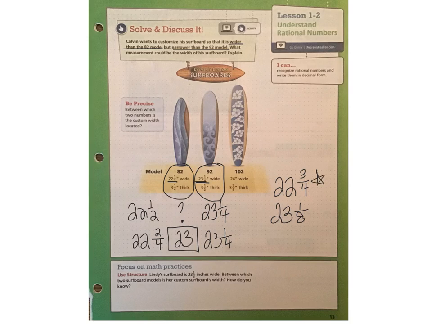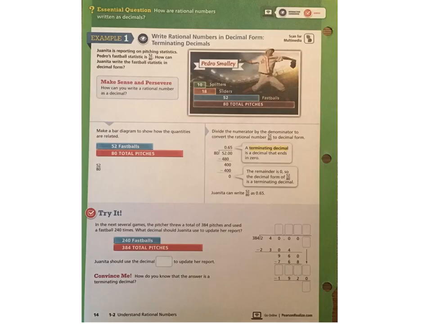So in this lesson, we are going to not just understand rational numbers, but we're going to recognize them and be able to write them in both fraction and decimal form. The essential question for this lesson is, how are rational numbers written as decimals?